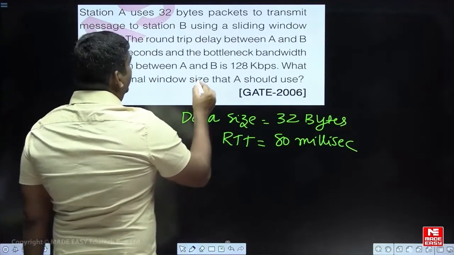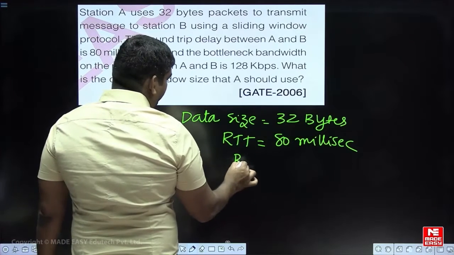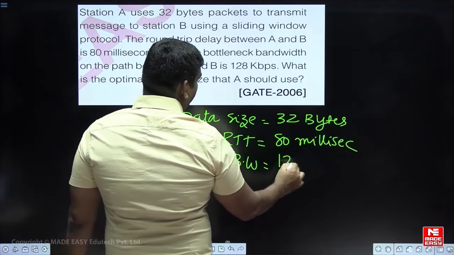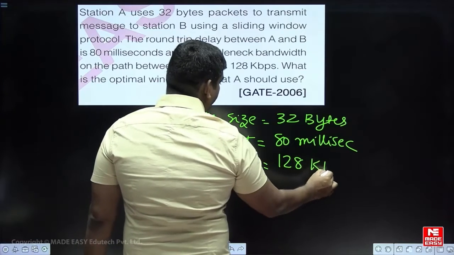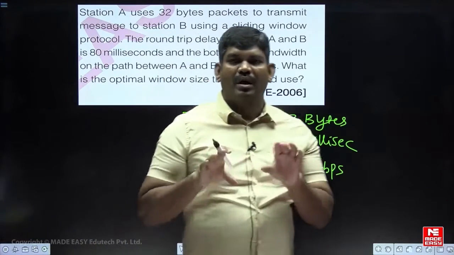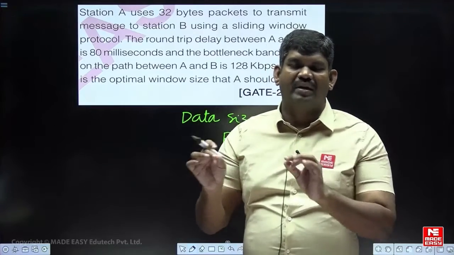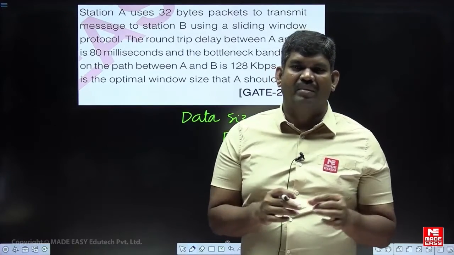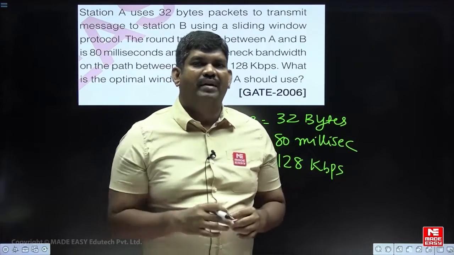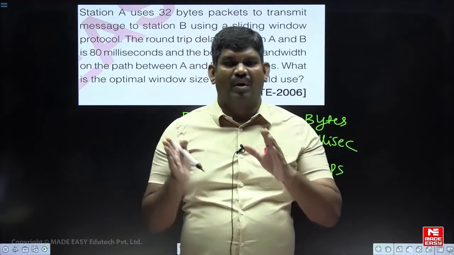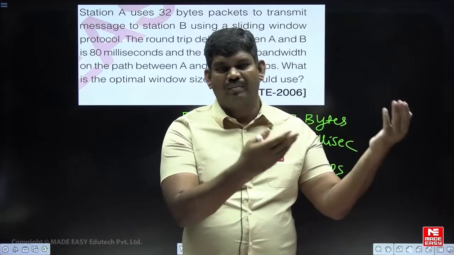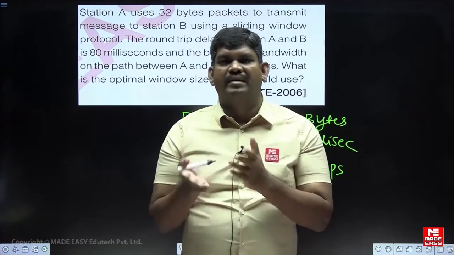And the bottleneck bandwidth, that is the maximum bandwidth, is given. The capacity of the bandwidth is given as 128 kilobits per second. And see, in some problems you will find a phrase like the data rate of a sender will be some number. Actually, they have to utilize that bandwidth. Why they have given the data rate is because the rate at which the sender is sending should at most be the bandwidth, or it will be less than the bandwidth.